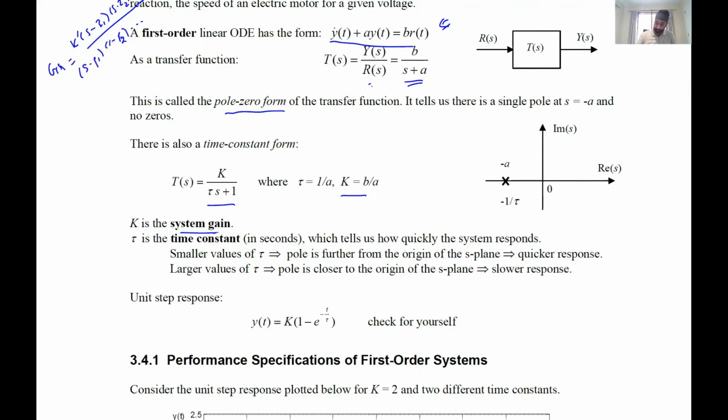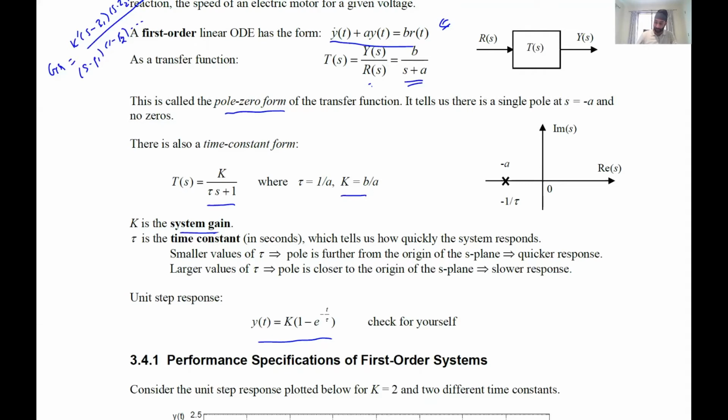If you take the inverse Laplace transform, you will see that the unit step response in this case is going to be equal to K times (1 minus e to the power minus t over tau).